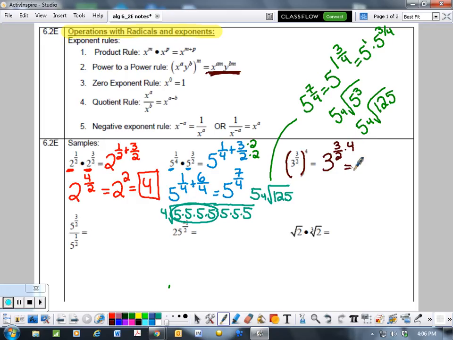And so I can put 4 over 1, and I multiply the top, I multiply the bottom. Well, 12 over 2 is really just 6, so this is 3 to the 6th power, which is really in need of a calculator, because I'm not going to be able to do that in my head. So 3 to the 6th power is 729.